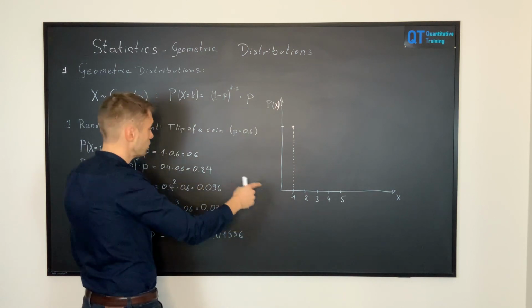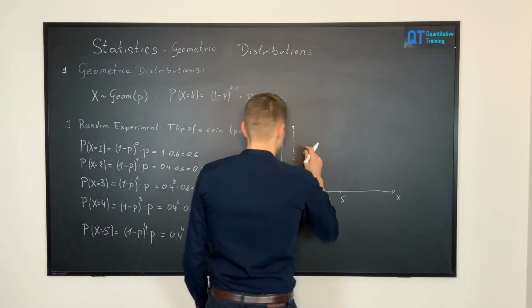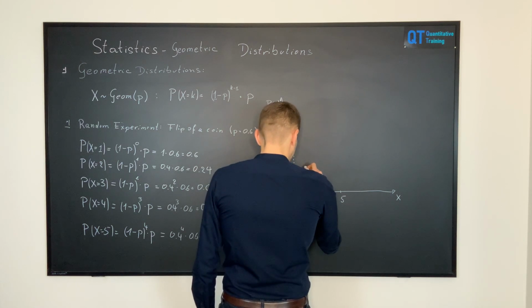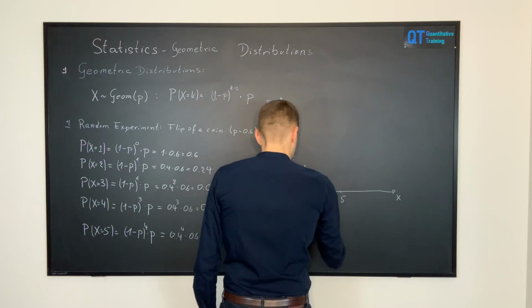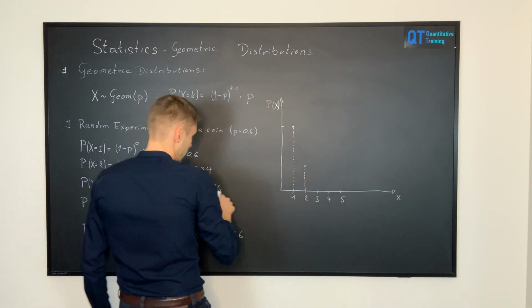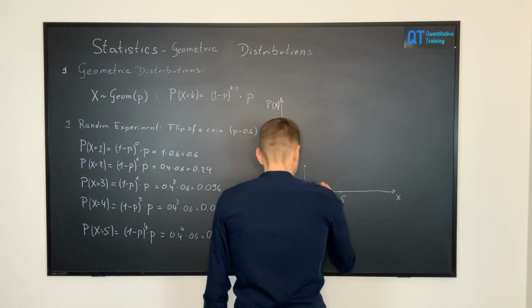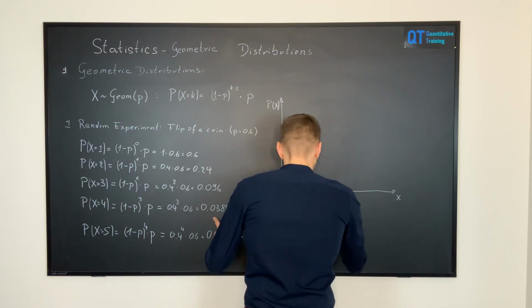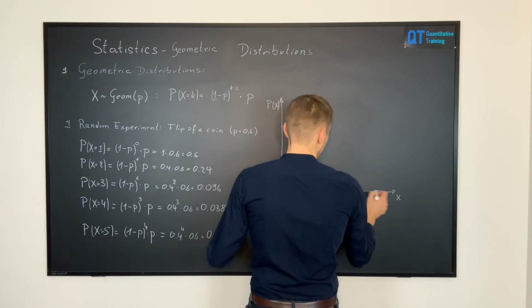Then for x being 2, we have 0.24, somewhere here. For x equals 3, we have almost 0.1. And then the last ones are very small probabilities, and so on and so forth.